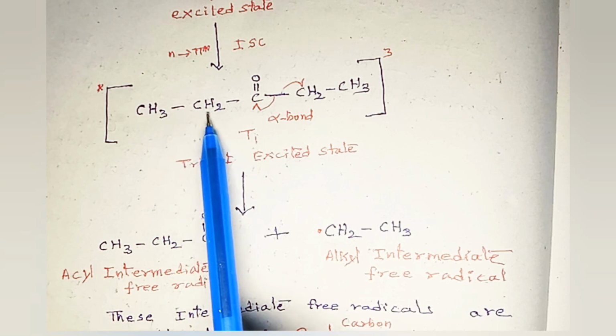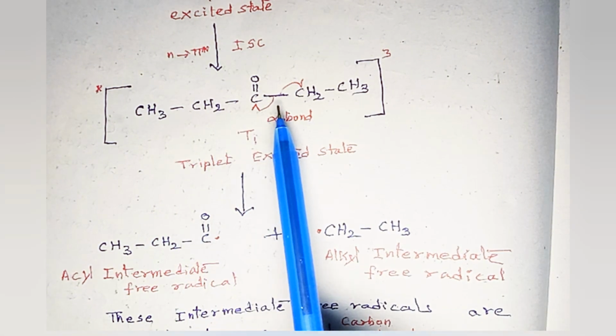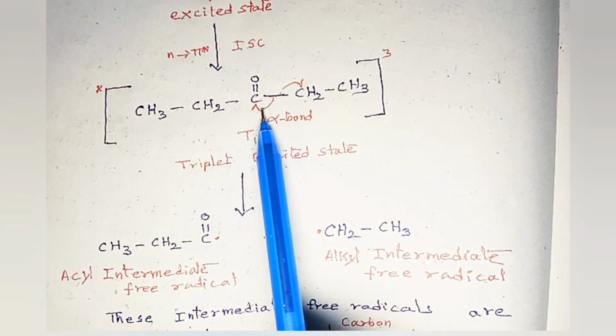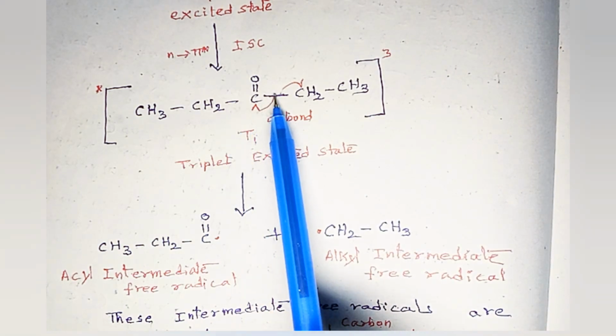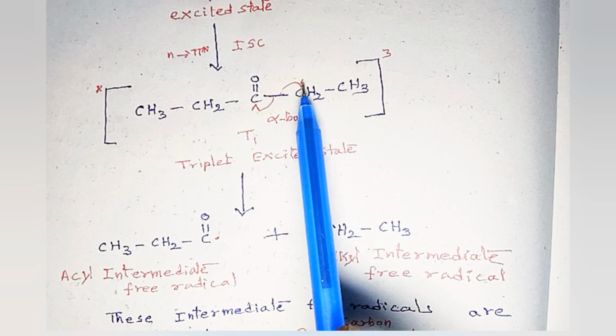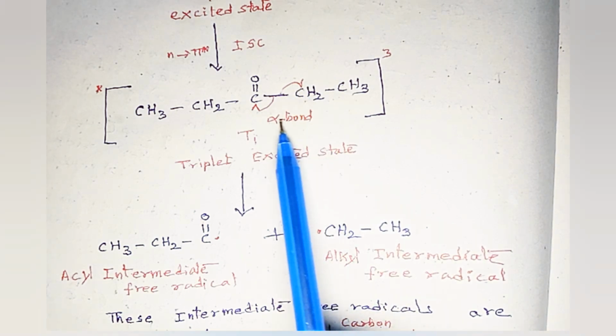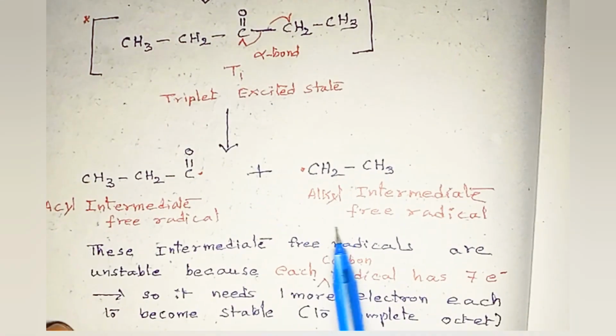So in the triplet state, one of the alpha bonds, let's take this side, cleaves homolytically to form 2 radicals.